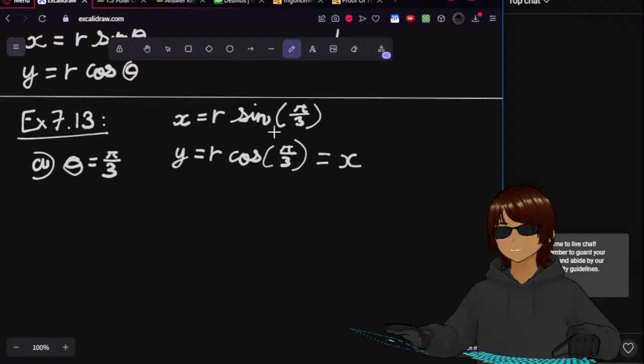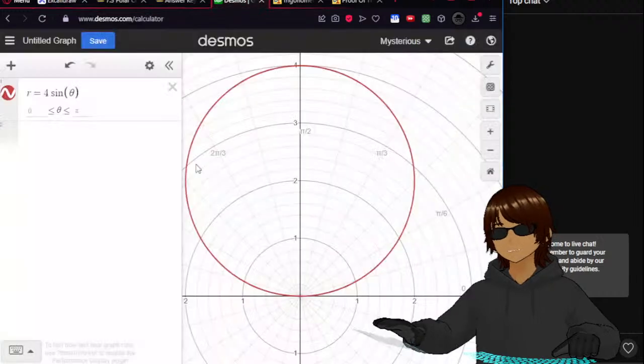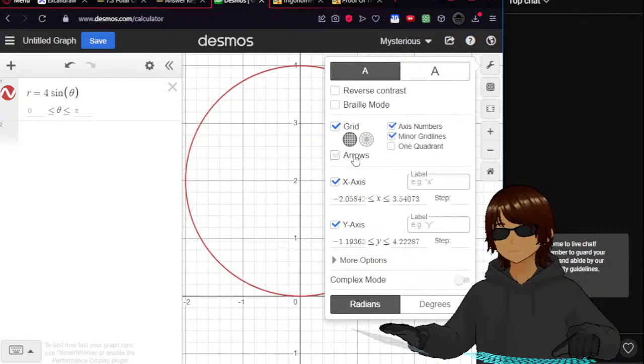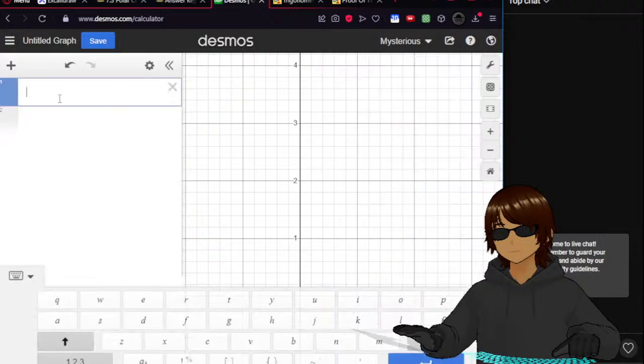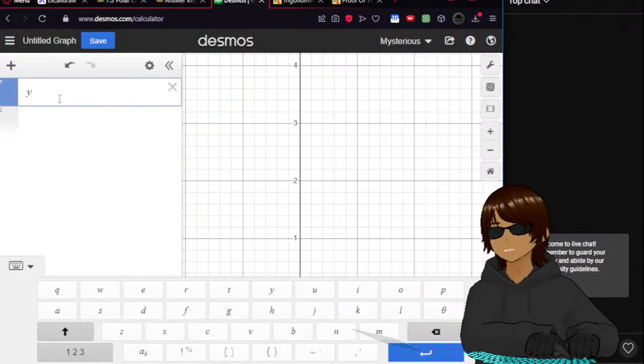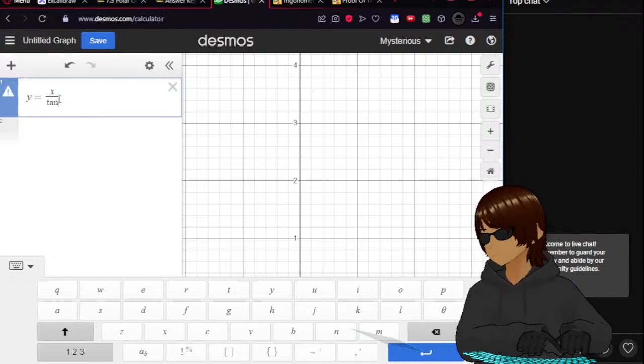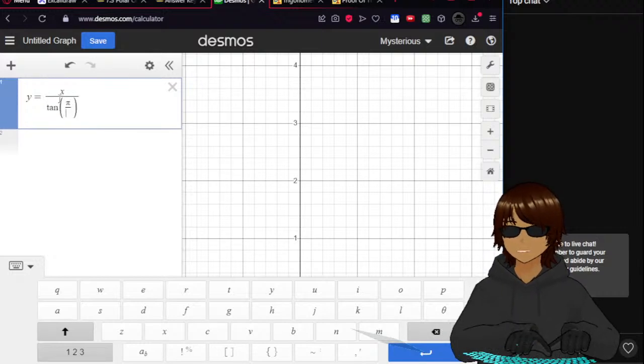R is equal to x over sine pi over 3. Then I get tan, because sine divided by cos is tan, then cos divided by sine is, let's see, y equals x over tan pi over 3.